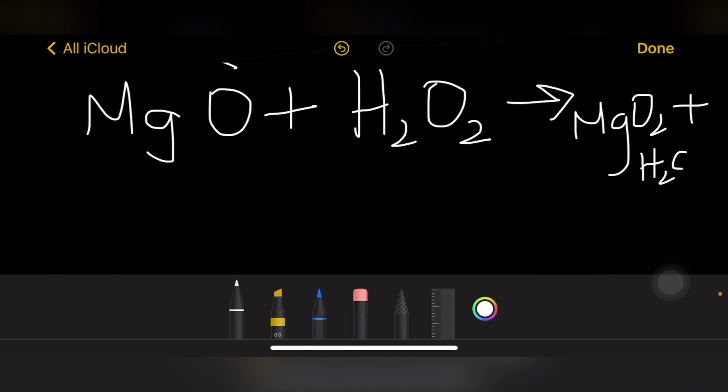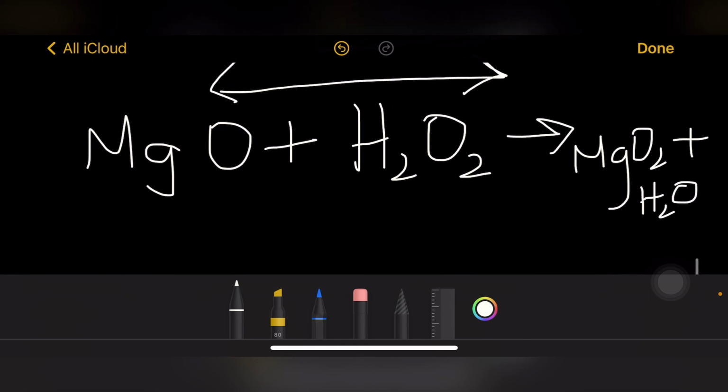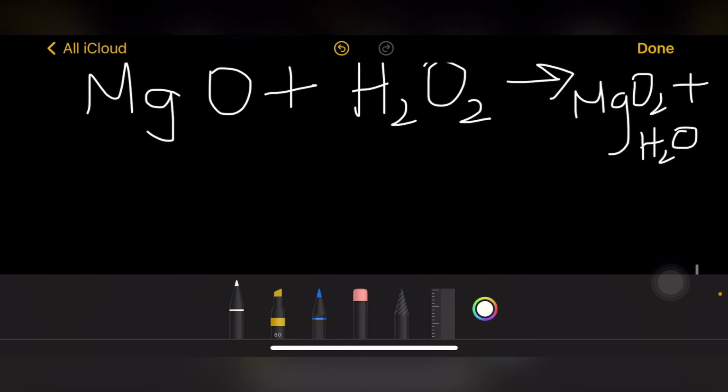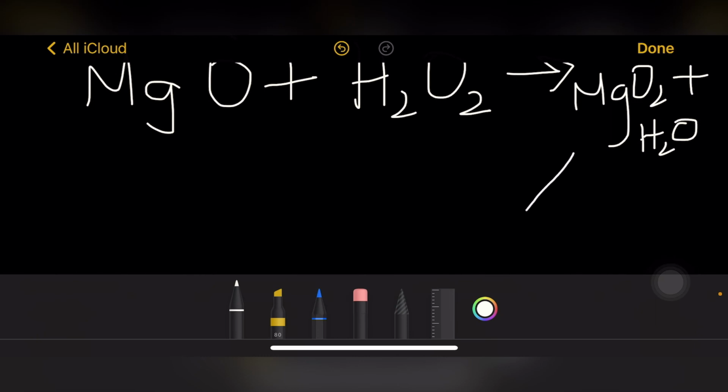Alright, now we have to calculate the enthalpy change of formation of MgO2, which is X.